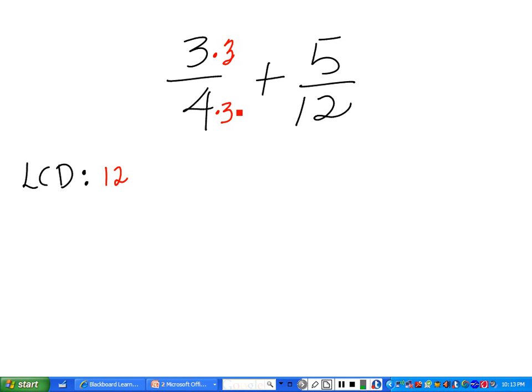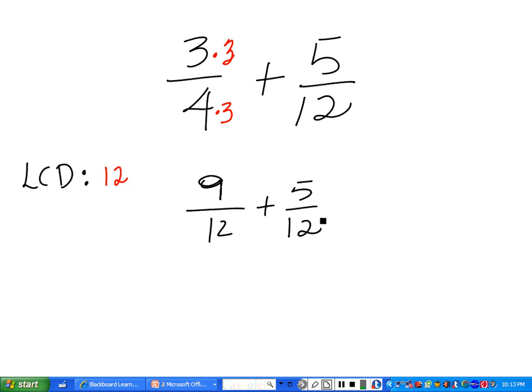Okay, so what we have now is the equivalent fraction for 3/4 is now 9/12, because 3 times 3 is 9 and 4 times 3 is 12. So 9/12 is equivalent to 3/4 if we reduced it, plus 5/12.